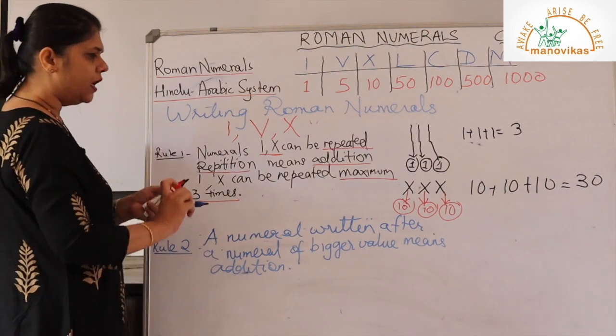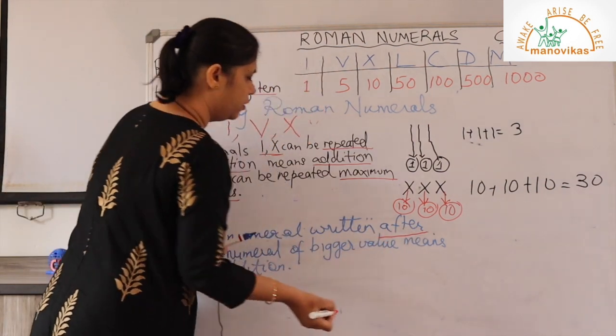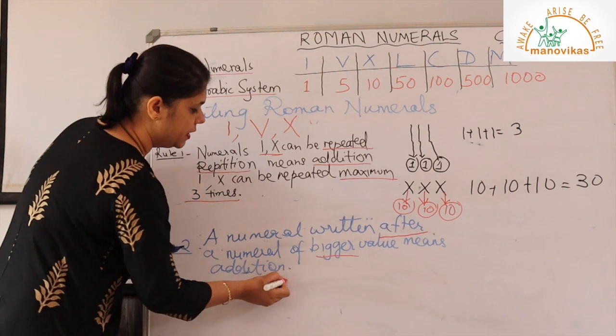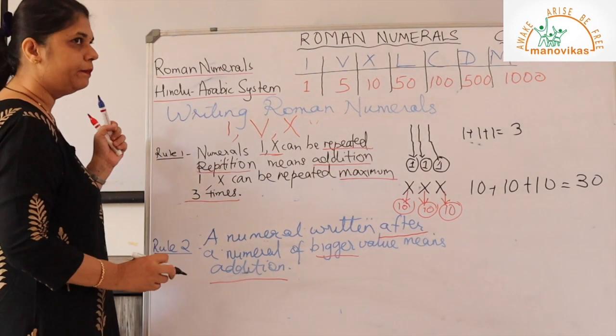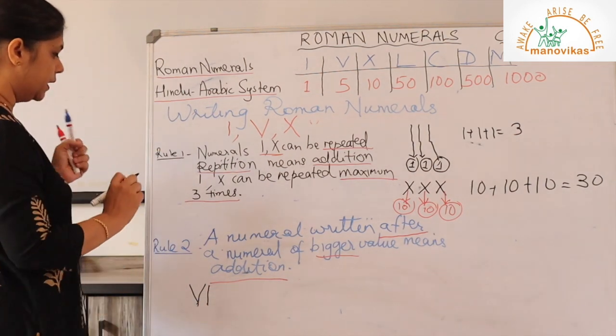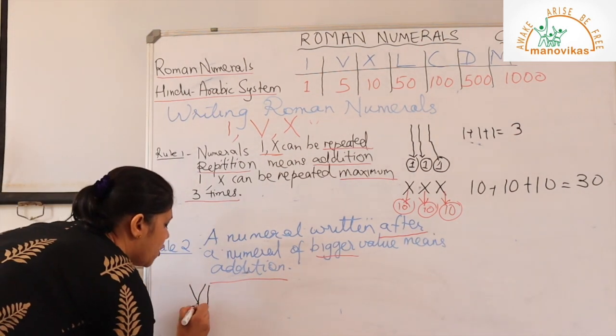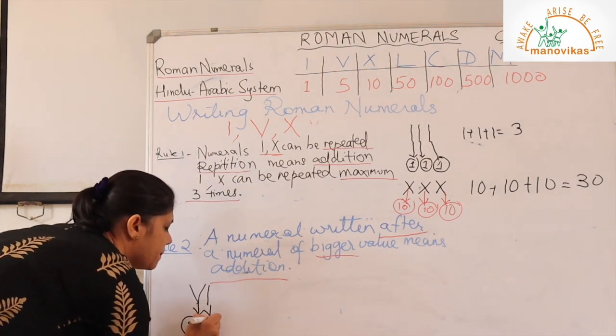A numeral written after a numeral of bigger value means addition. Okay, now let us see this with the help of an example. I have a numeral here. Here, V stands for 5. I stands for 1.